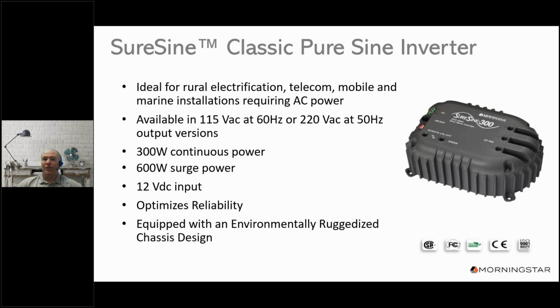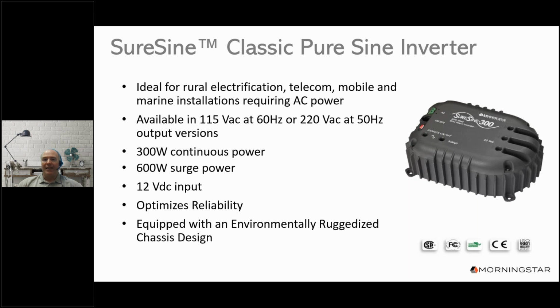We still offer this SureSine Classic for those looking for a tried and tested rugged 300 watt 12 volt battery inverter for harsh environments and applications that don't require the communications capabilities and larger battery and power output support of the new SureSines. And these SureSine Classic inverters are ideal for rural electrification, small telecom, RV caravan, and marine installations requiring AC power.